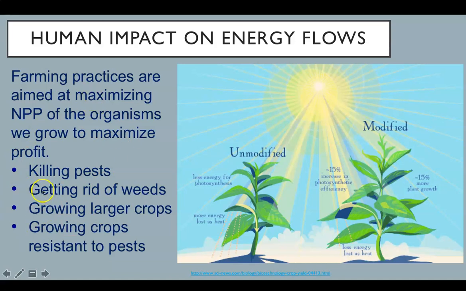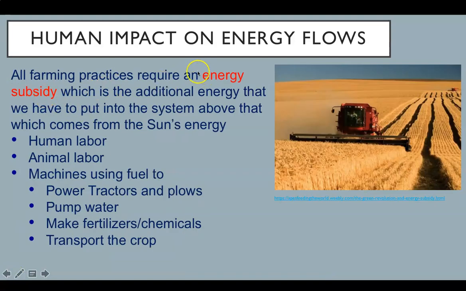Practices include killing pests, getting rid of weeds, growing larger crops, and growing crops resistant to pests. All farming practices require an energy subsidy, which is the additional energy that we have to put into the system above that which comes from the sun's energy.